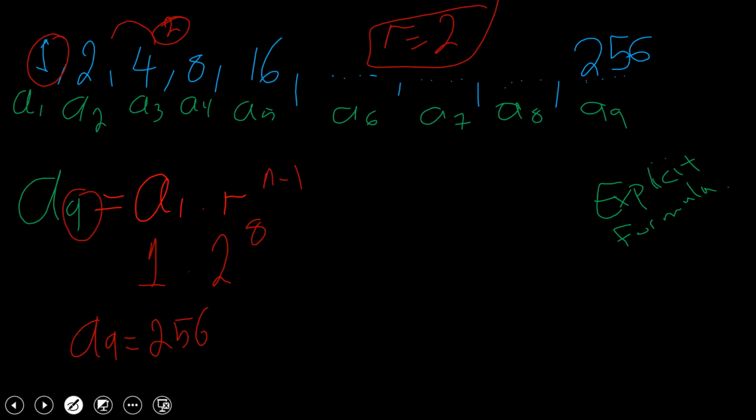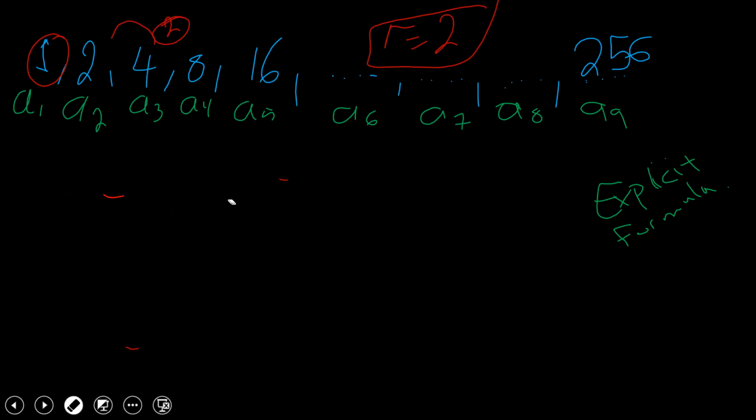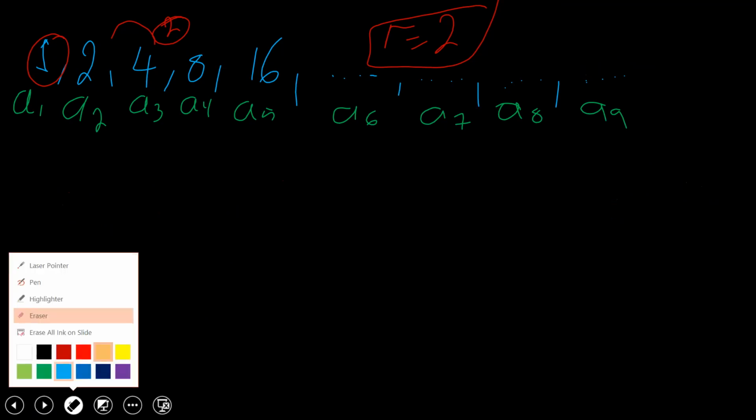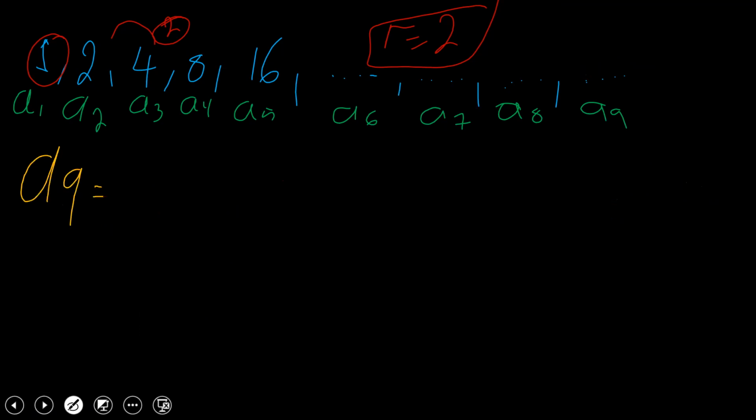But if I asked you now to find a sub 9, but not using the explicit, using the recursive, what would you have to do? Let's see. For the recursive, a sub 9 is a sub 8 times 2, which is r.